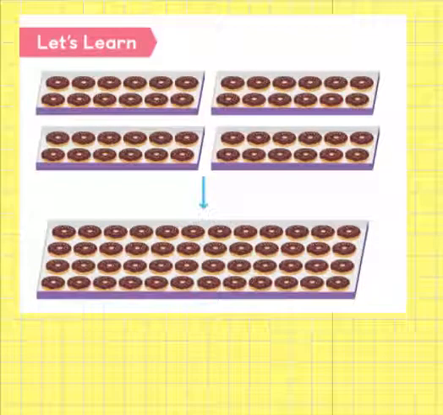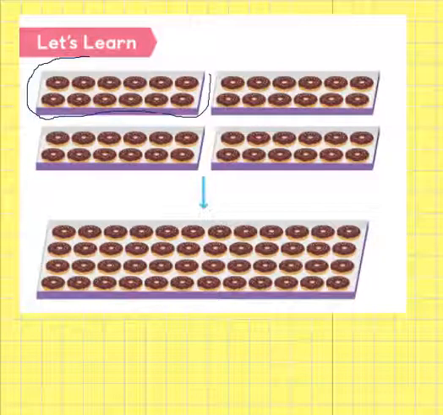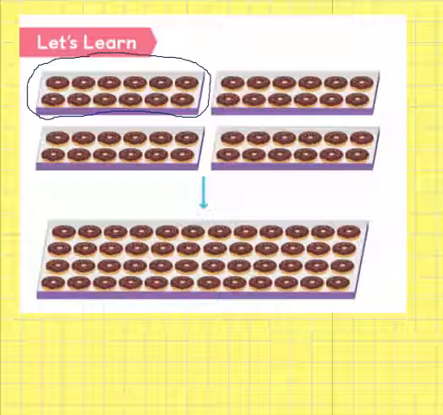So here you can see that these 4 boxes along the top combined makes one big box of chocolate donuts. If we have a look at this first box in the top left hand side, of which all of the top 3 boxes that are left are the same, I can see that there are 12 donuts in there because there are 6 in each row and there are 2 rows, which makes 12.